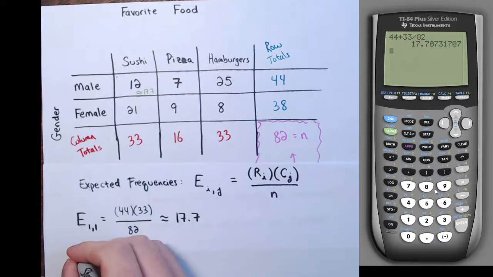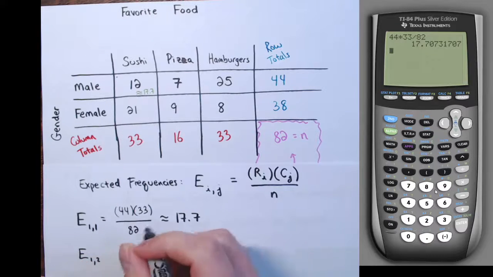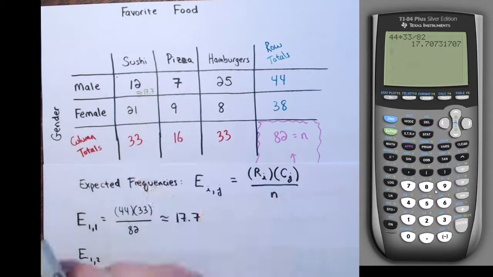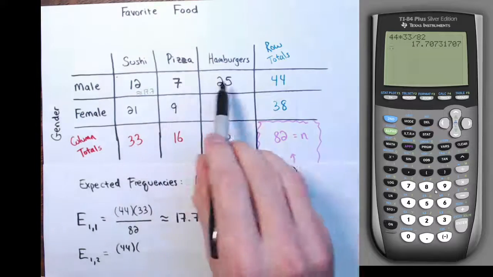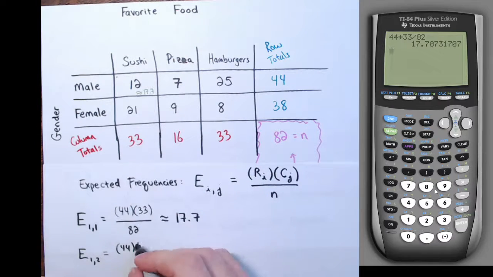Alright, and then the expected count or expected frequency for the first row, second column, so males who prefer pizza, would be, again, the row 1 total times the column 2 total. So again, I'm here now, 44 times 16, and again divided by 82. And we're going to round this to 1 decimal place.